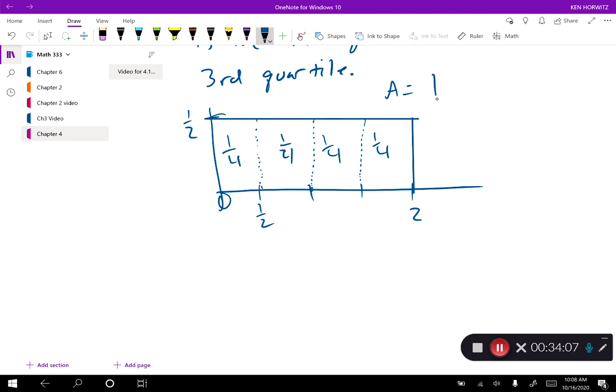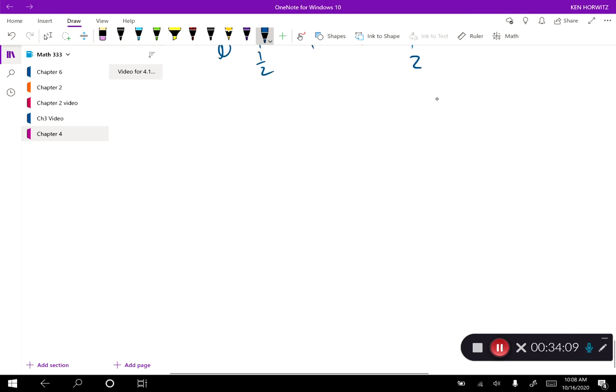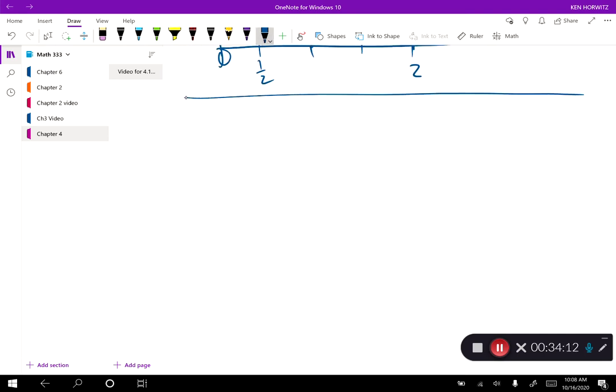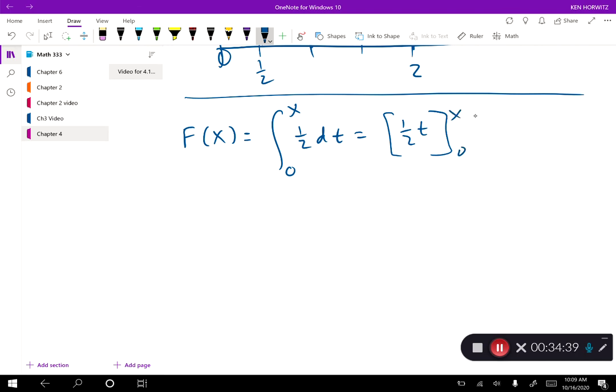The way you show it numerically is this. So we're taking a look at our CDF, which means we need our big F of x. So I'm going to integrate from 0 to x, 1/2 dt, which equals 1/2 t from 0 to x, which equals 1/2 x.